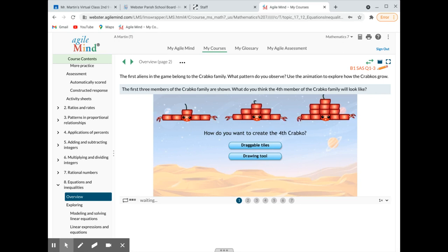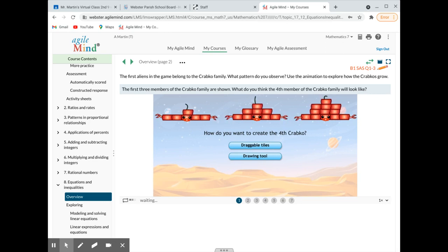What's it say about the first aliens? Oh, the first aliens in the game before the Cobra Co family. What pattern do you observe? Use animations to explore how the Cobra crabs grow.